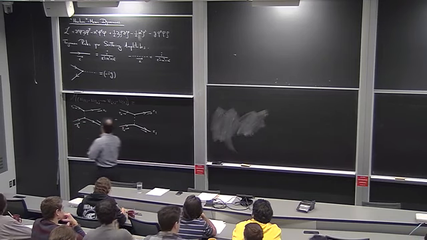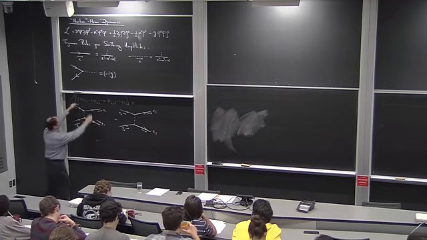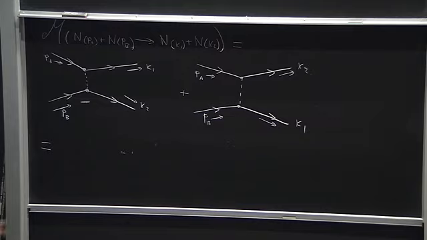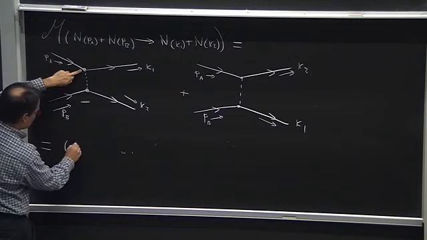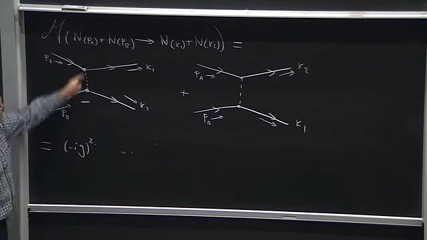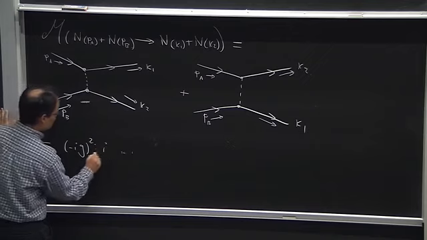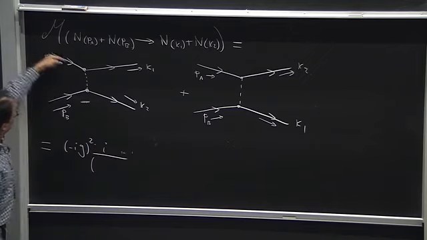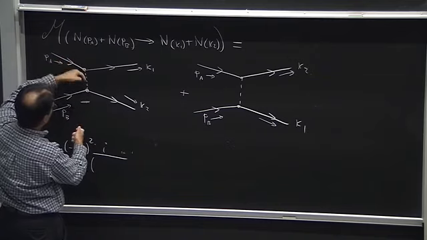Let's compute what they are. Okay, so we follow the Feynman rules. We don't do anything with external legs, so that's actually great for these Feynman rules. We have two interaction vertices, so we get minus iG squared, okay? And we get this guy, the propagator. This propagator is the only one that appears, so we get an i over the momentum flowing here. What is the momentum flowing through this line?